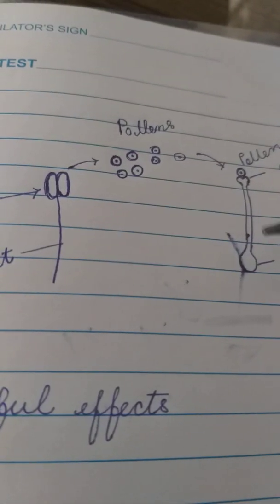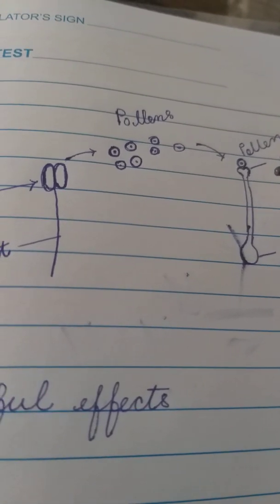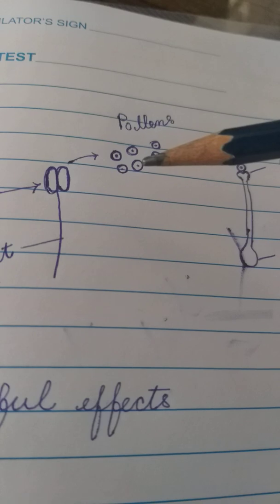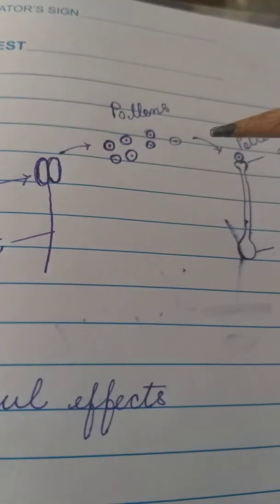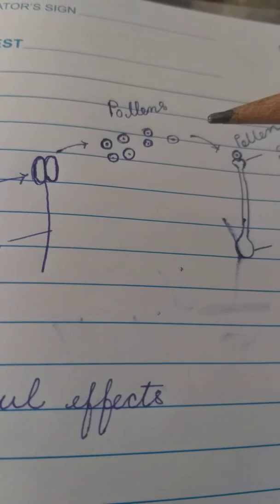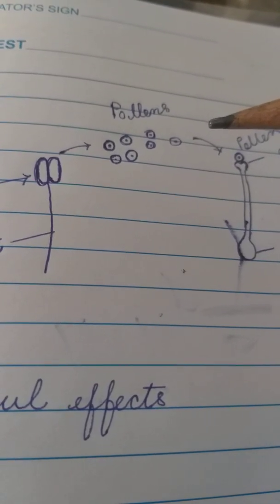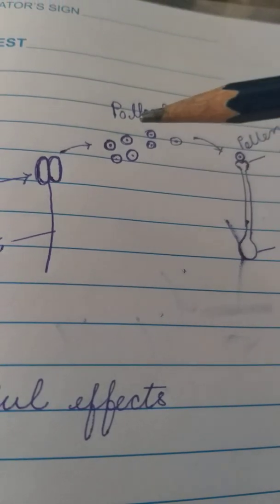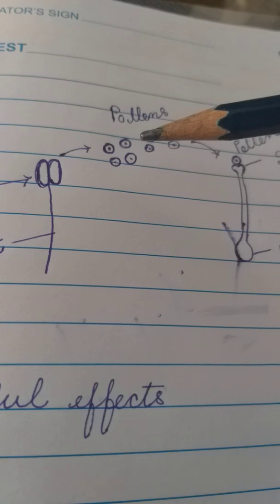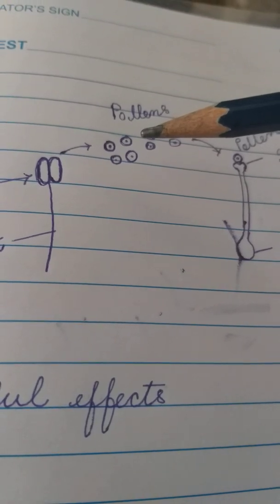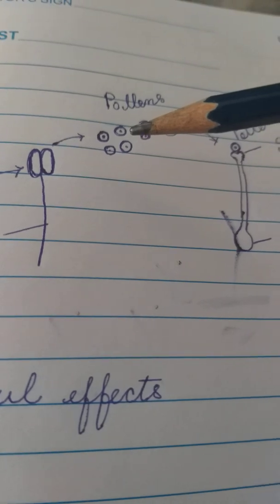Now, in over 60% of flowering plants, the pollens are released from mature anther in two-celled stage. That means in above 60% of angiosperms, when pollens are released, each pollen has two cells inside it, vegetative cell and generative cell.